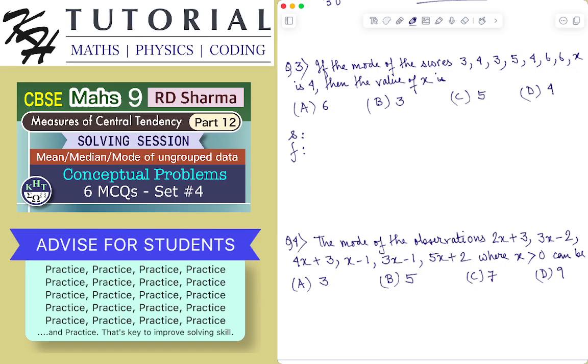One way to solve this problem is to assume all the values that are given in the choices. Let's say if x is 6, then what will we have?